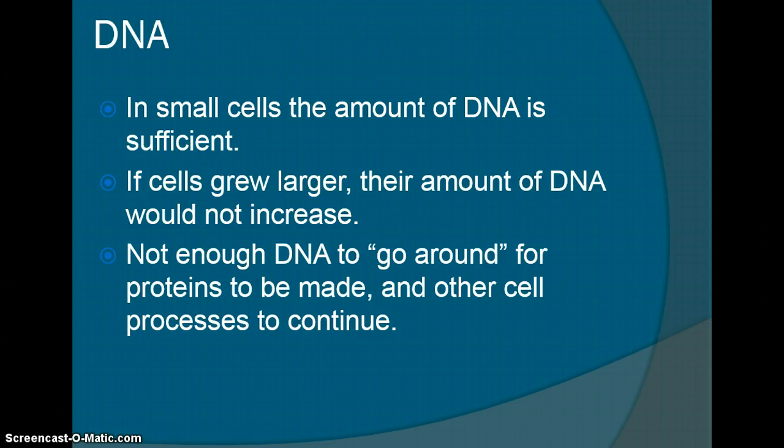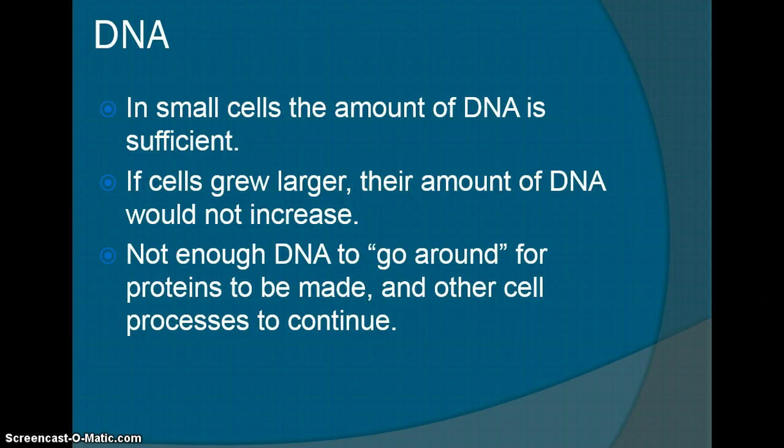First one, DNA. The issue with DNA is in small cells, the amount of DNA is sufficient. If cells grow too large, their amount of DNA is not going to increase, so they're stuck with the DNA that they originally had. That's not going to grow along with the cell. The problem is there's not enough DNA to go around for all proteins to be made and other cell processes to continue.